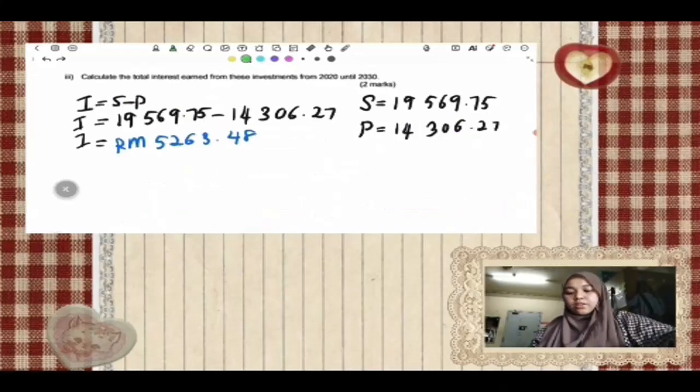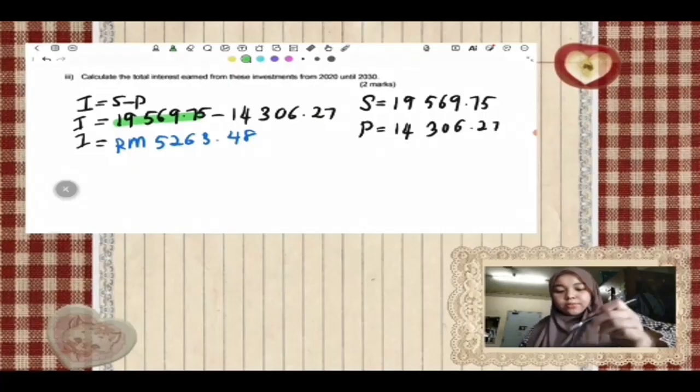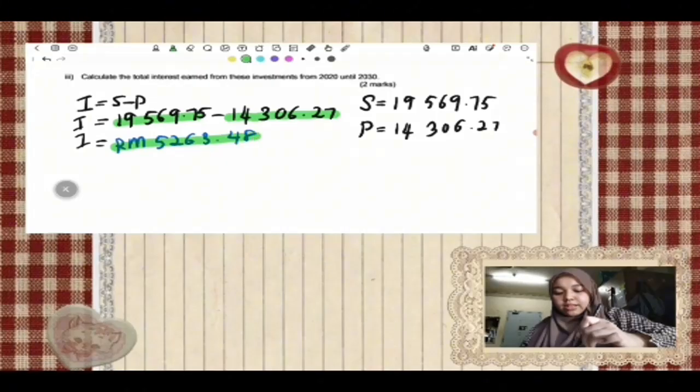So now we need to calculate the total interest earned from this investment. 19,569.75 ringgit minus 40,306 ringgit 27 cents, and it will equal 5,263 ringgit 48 cents.